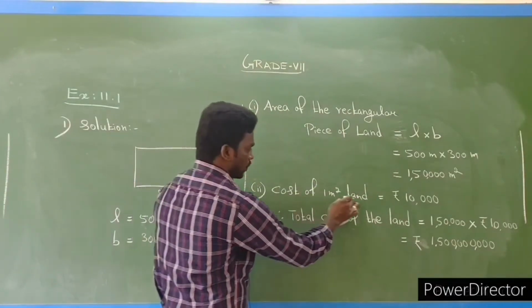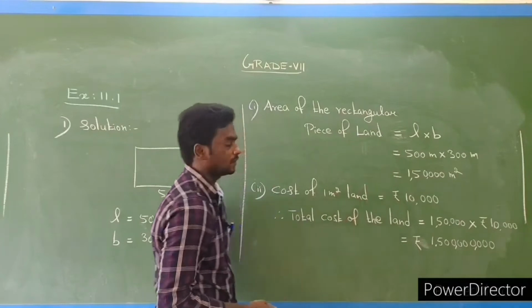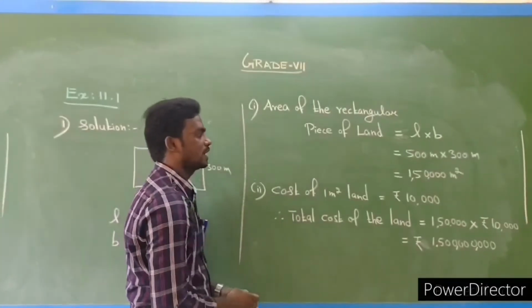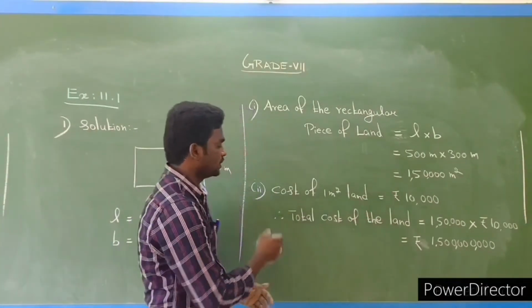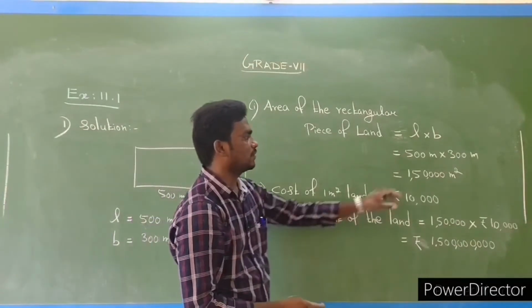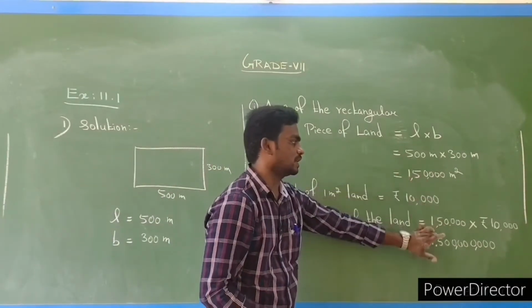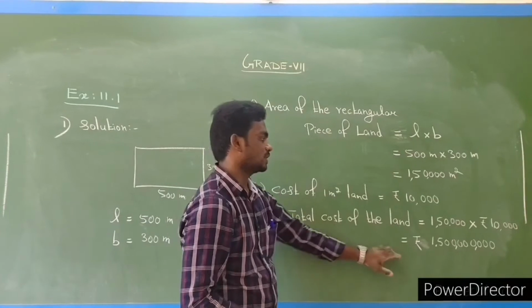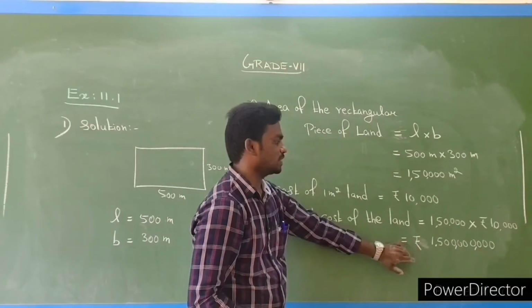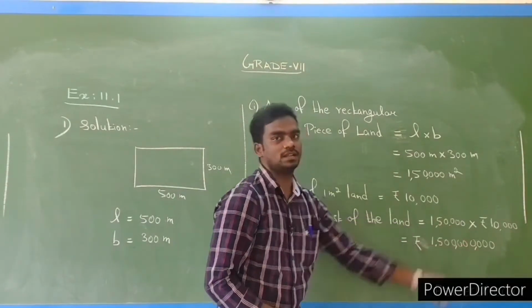Next, the cost of 1 meter square land is rupees 10,000. Therefore, total cost of the land is 1,50,000 into rupees 10,000, which is equal to rupees 1,500,000,000.